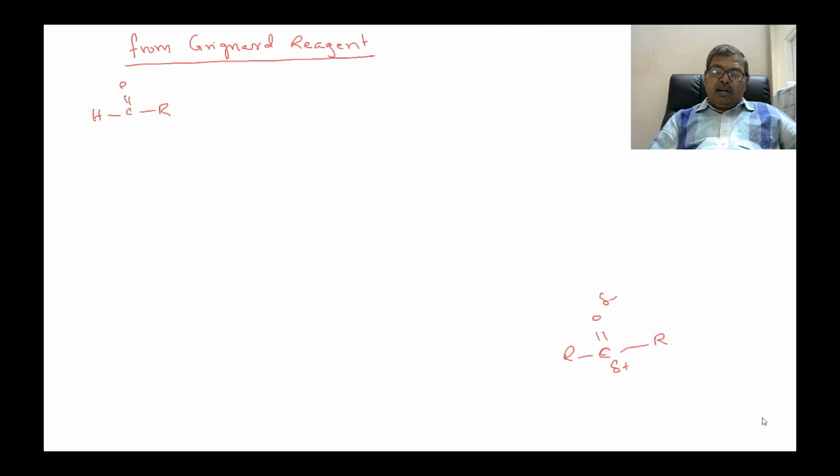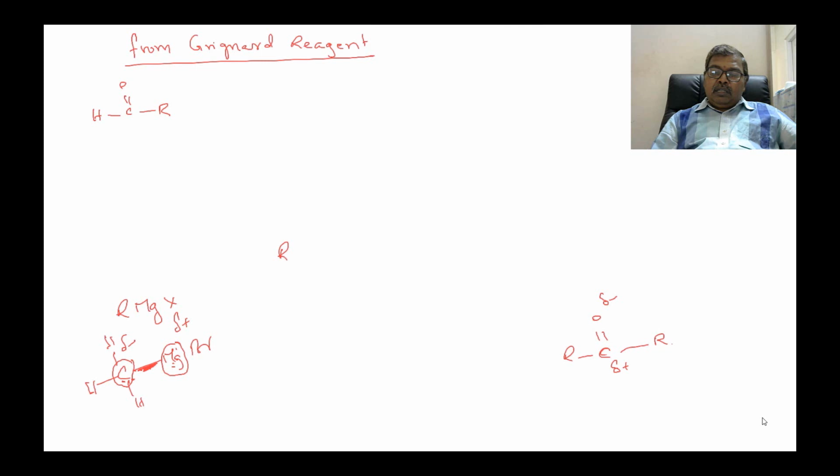For example, Grignard reagent. Generally, we represent Grignard reagent by RMgX, for example CH3MgBr, where R is CH3. Magnesium is a metal, carbon is a non-metal. Thus this is a bond between metal and non-metal, is it not? So magnesium carries a positive charge and carbon acquires a partial negative charge.